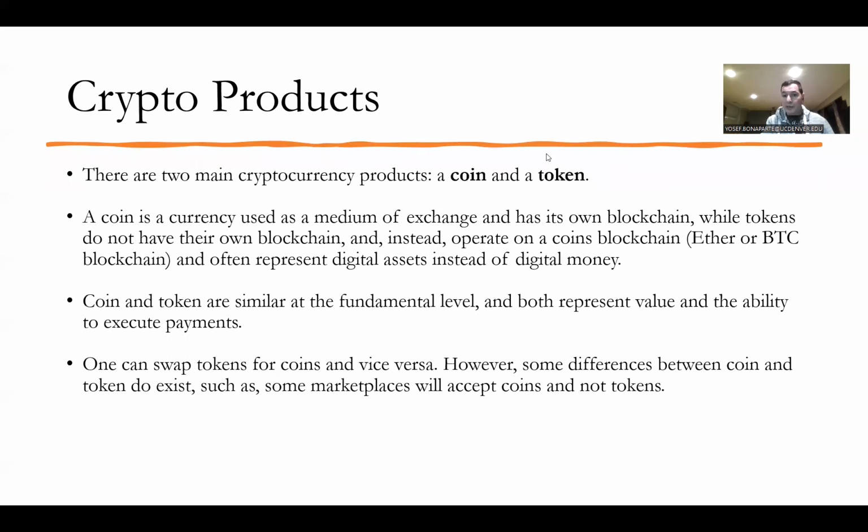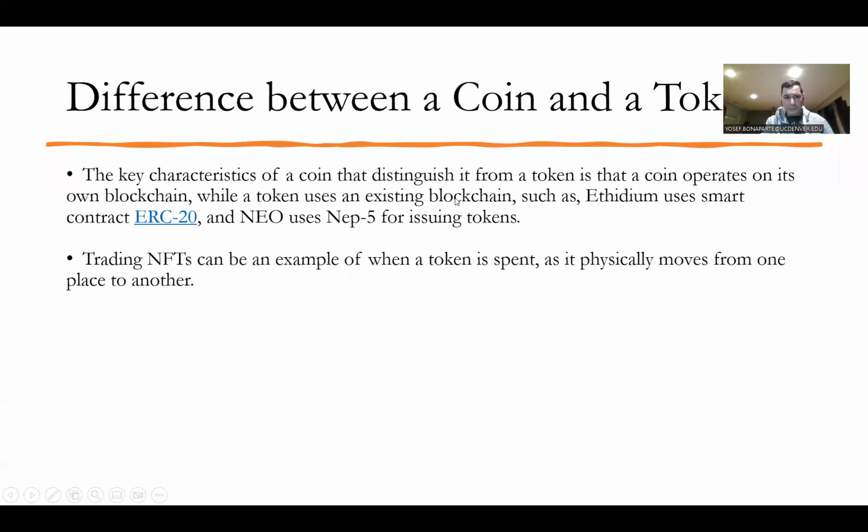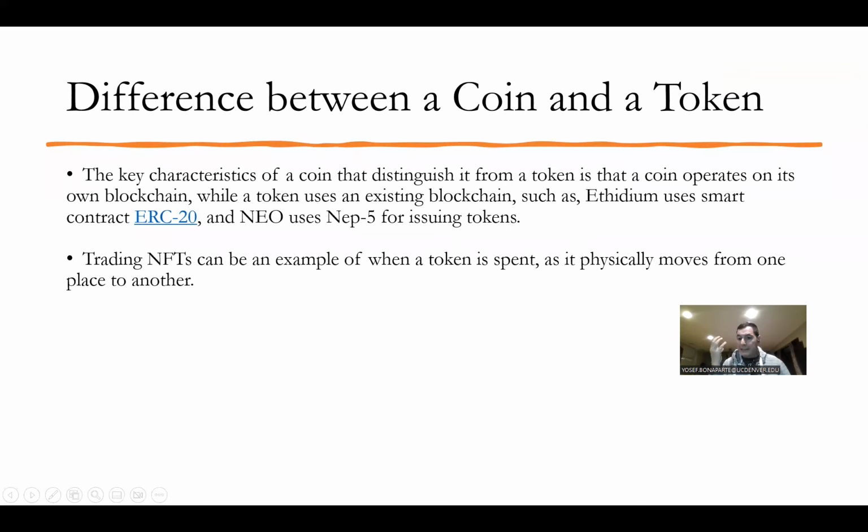Crypto products: there are two products, coin and token. The difference between the coin and token is the blockchain. A coin has its own independent blockchain, a network. A token is when you use an existing blockchain to make a token for yourself. For example, Ethereum is a blockchain, and Ether is the coin.